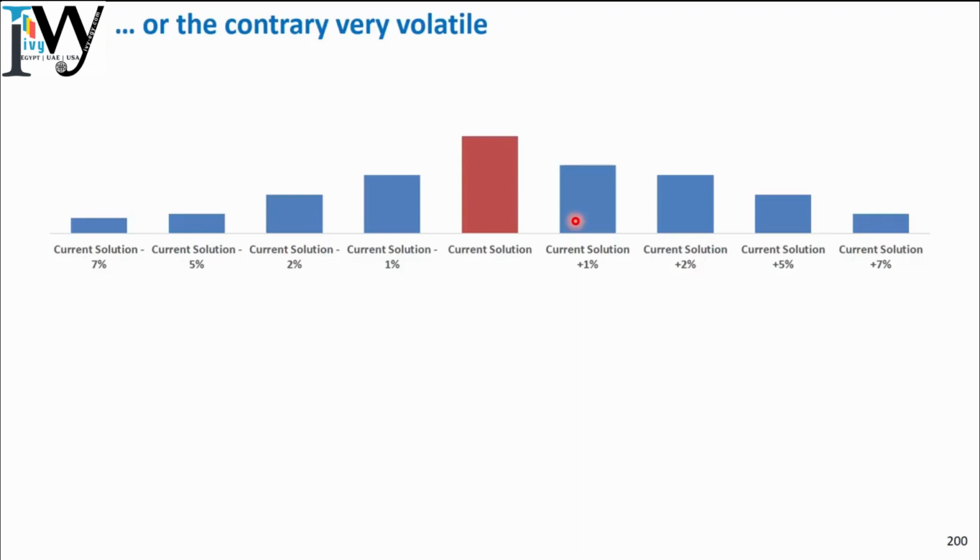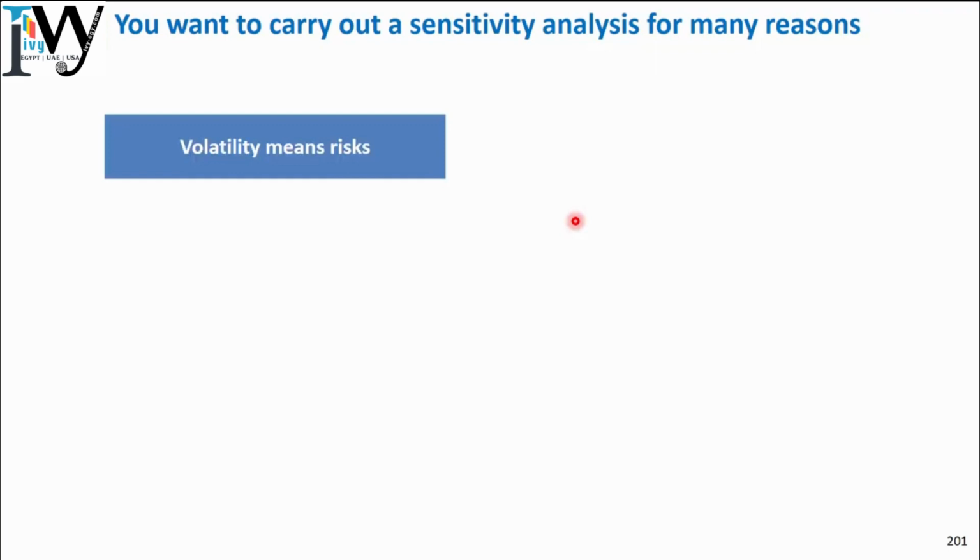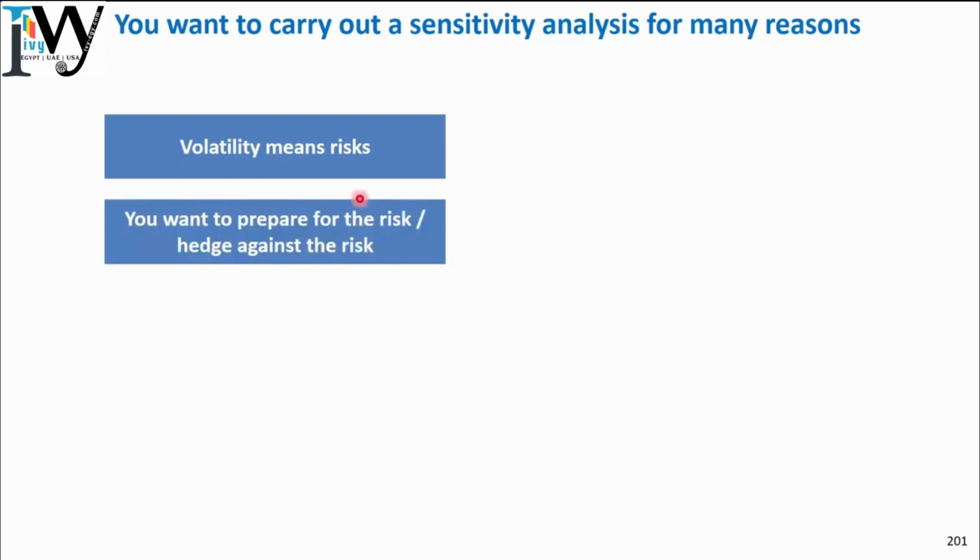We'll show you in the next lecture how to do it. But just before we go for this, let's have a look at the reasons why such a sensitivity analysis makes sense. First of all, volatility means risk, and in business you would rather avoid risk, especially the one you build in by your actions by choosing the solution. If you can't control or avoid it, you want to prepare for it.